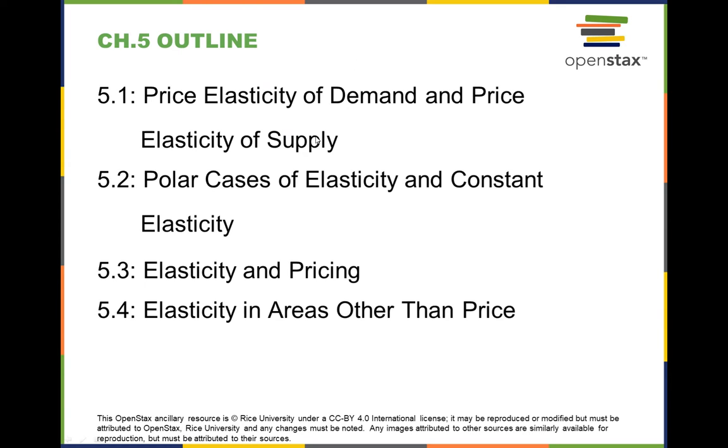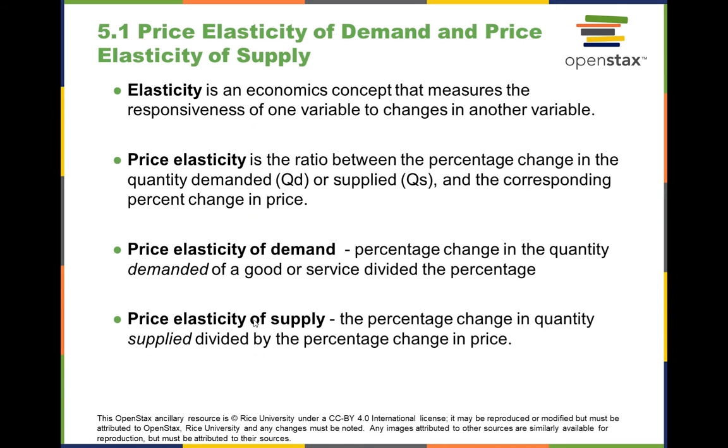So we'll talk about both elasticity of demand and supply, and in cases of elasticity and pricing, how that causes an impact, and in other areas as well. So elasticity, once again, is the measure of responsiveness of one variable to a change in another variable. In the case that we'll be talking about here, it will be quantity and price.